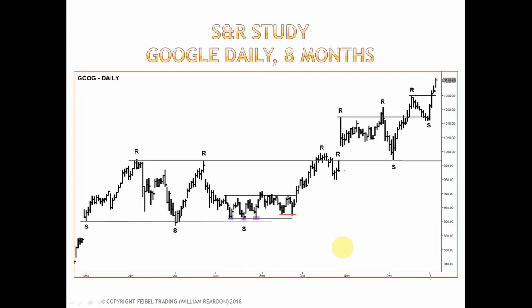Okay, so if you bought the local level of support, where would your stop be? Okay, so if I bought this, you mean? No, your catastrophic stop would have to be underneath this low. Alternatively, you could put it under the support or under the local level, this additional level of support.